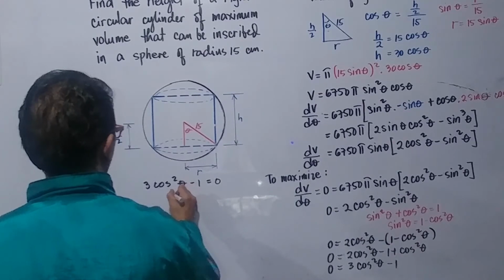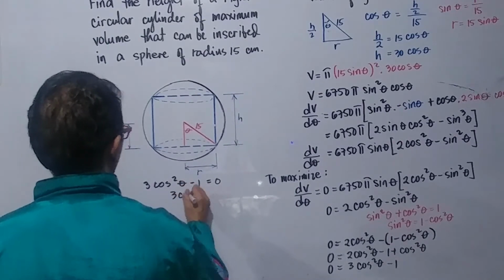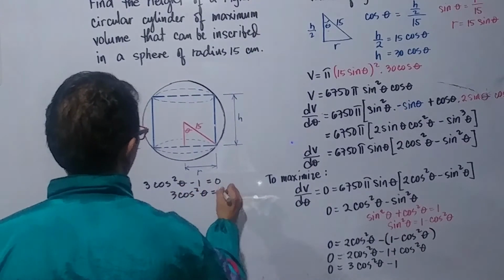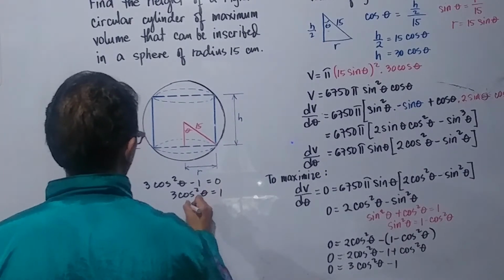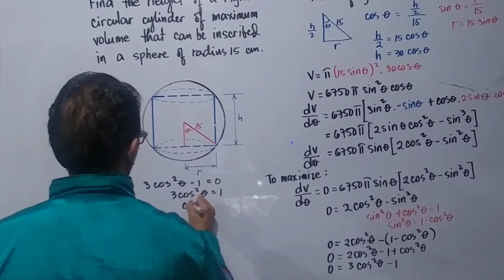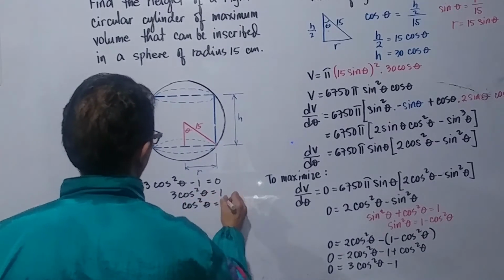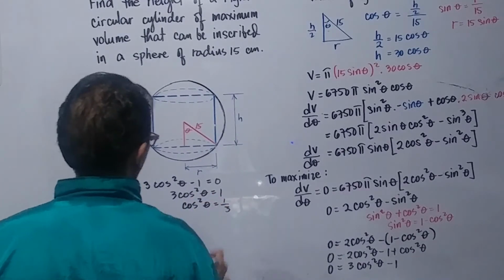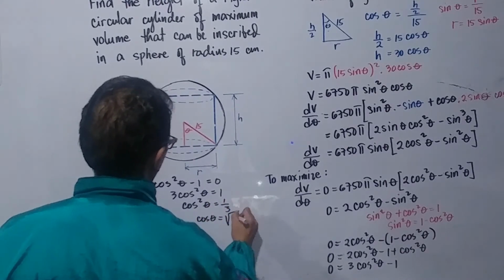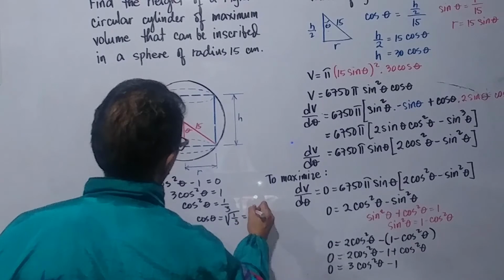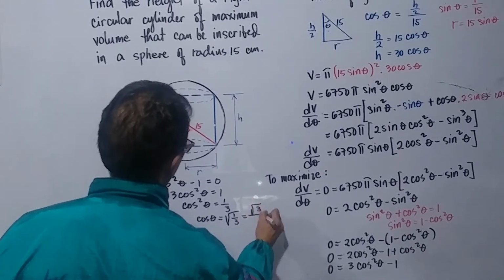So 3 cosine squared theta equals 1, or cosine squared theta equals 1/3. Or we have cosine theta equals square root of 1/3, or the square root of 3 over 3.